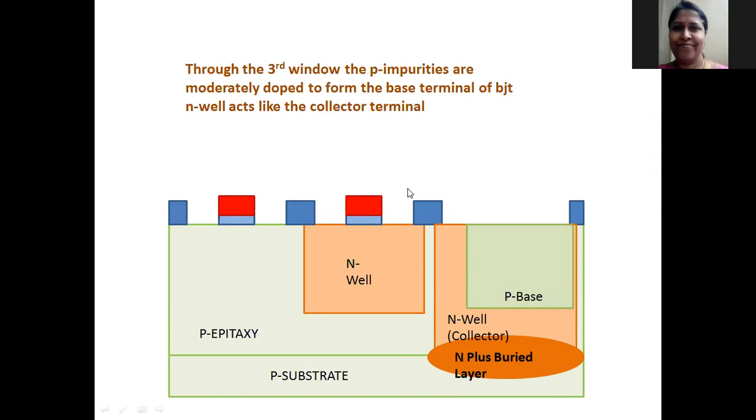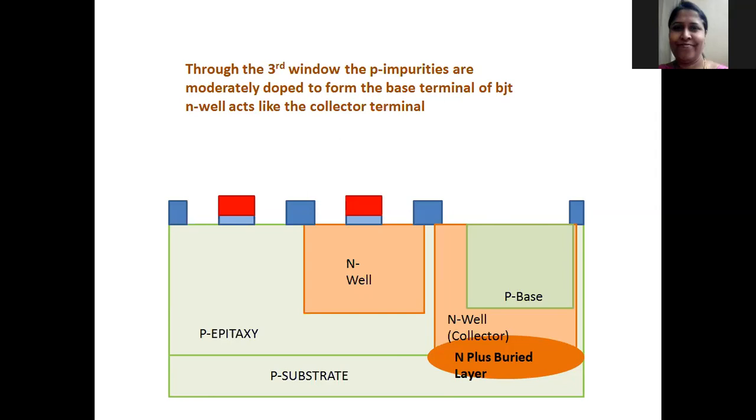Next, here using a suitable mask, we have to introduce P type of impurities to develop base structure. So this can be done by diffusion or implantation. So the doping of this region with P impurities will introduce P base structure here.